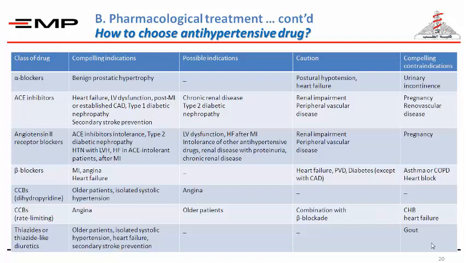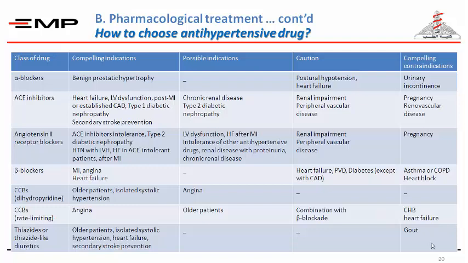But they are also preferred, like ACE inhibitors, in patients with diabetic nephropathy, hypertension with left ventricular hypertrophy, or left ventricular dysfunction. Beta blockers are preferred for hypertensive patients with myocardial infarction, with angina, or with heart failure.